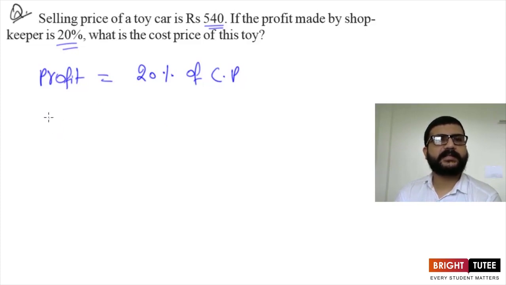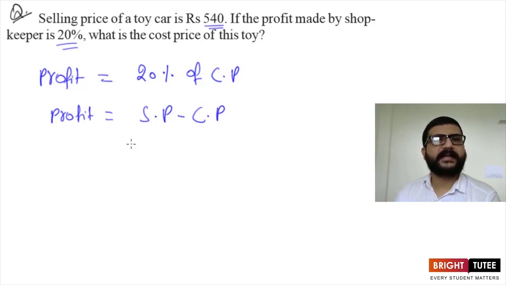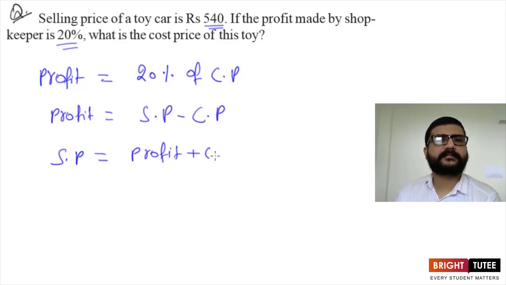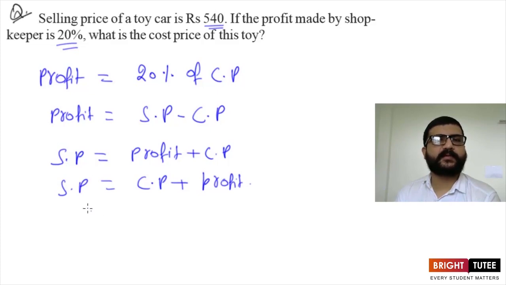Yes, we do have one relation, that is profit is equal to SP minus CP, or from here we can say that SP is equal to profit plus CP, or we can write it as CP plus profit. So selling price is equal to CP plus profit.